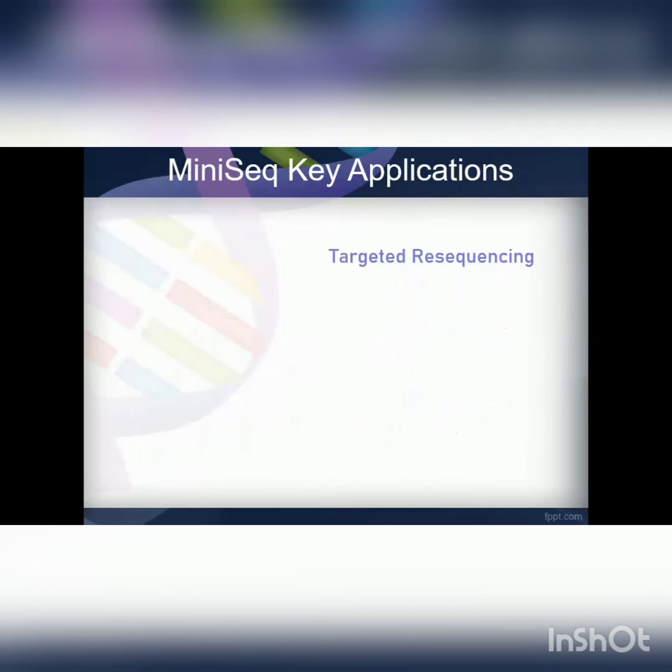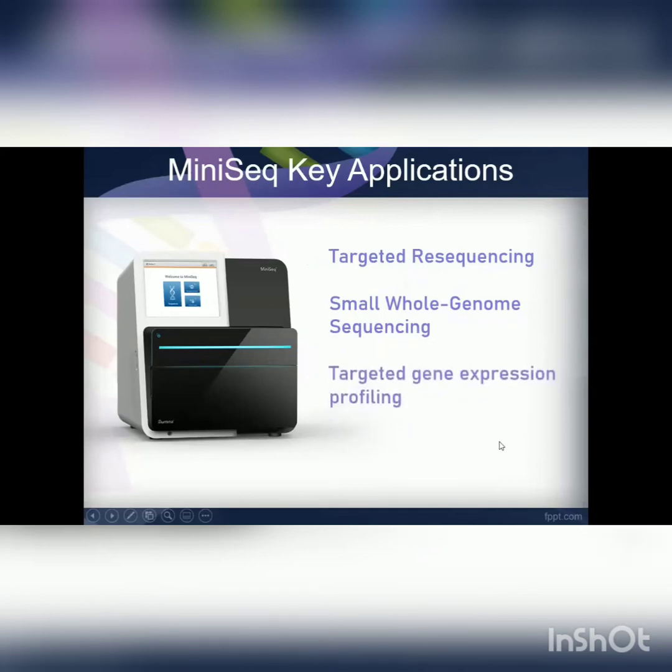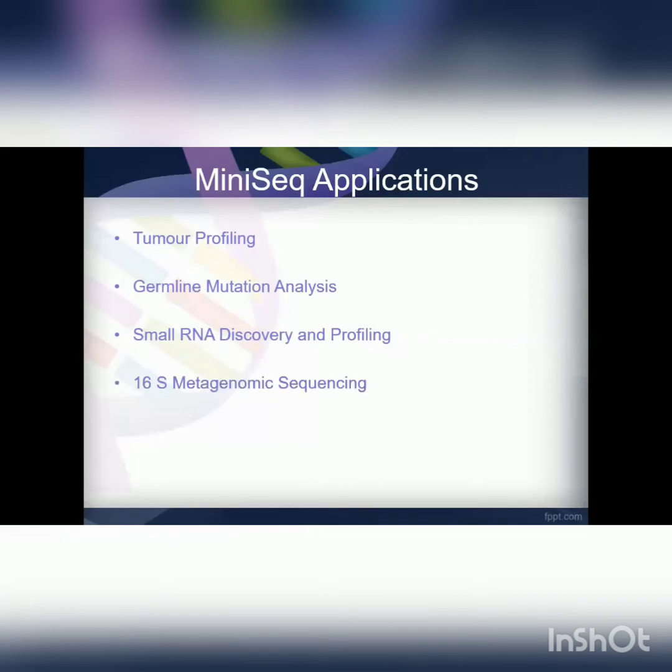The key applications of the MiniSeq include targeted resequencing, small whole genome sequencing, and targeted gene expression profiling. There are more applications with the MiniSeq, such as tumor profiling, germline mutation analysis, small RNA discovery and profiling, 16S metagenomic sequencing, and genotyping by sequencing.